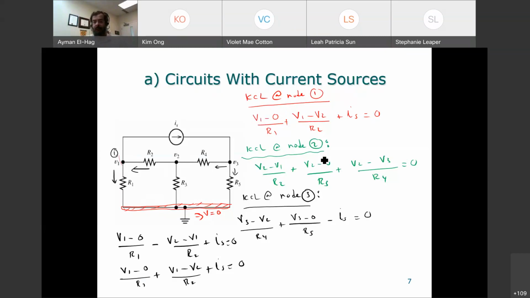Here for 2, V2 minus, V2 minus, V2 minus. So this becomes more consistent and everything is positive. So you don't need to worry, is it entering, is it leaving? Which one is positive? Everything is positive, everything is leaving. So that becomes much easier, and the susceptibility to make a mistake will be very, very less.